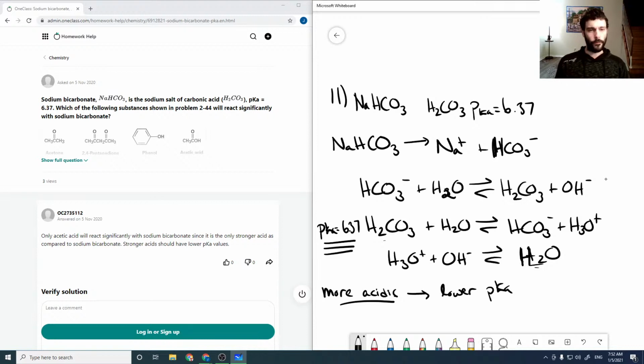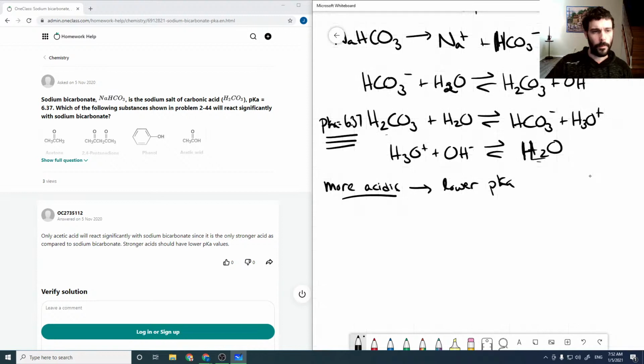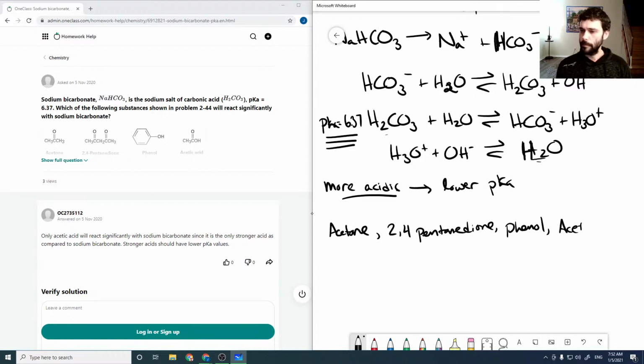If we look at the pKa of the substances shown here, which are acetone, 2,4-pentanedione, phenol, and acetic acid, or vinegar.